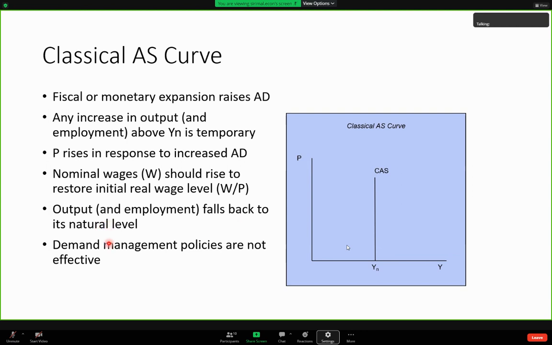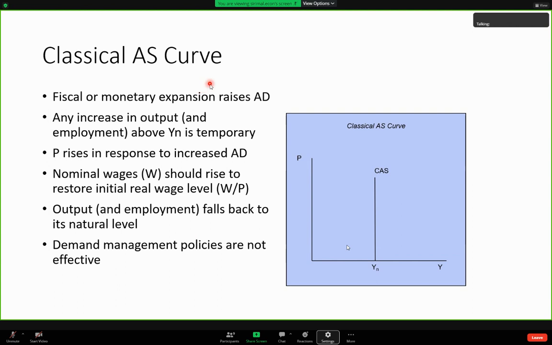That means demand management policies are not effective, which means actually they cannot produce anything in the real economy. Fiscal and monetary policies will only result in monetary value changes, not real values.